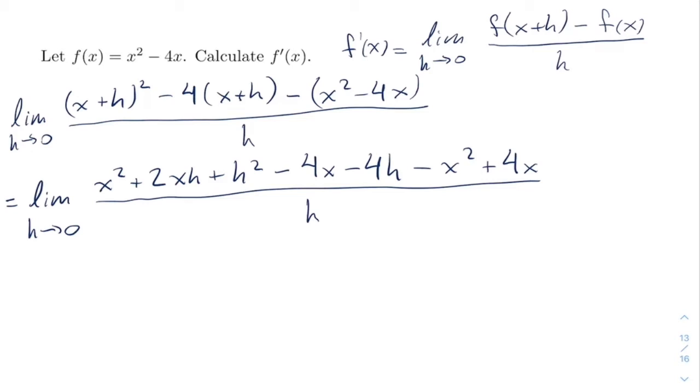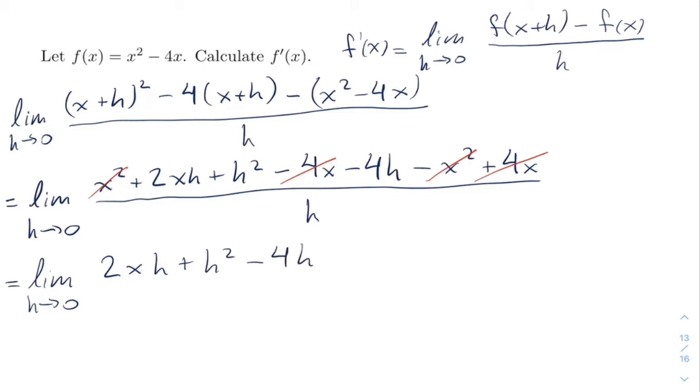I know this looks a bit long, but some things will cancel. For example, we can cancel this x squared with this minus x squared, and even more, we can cancel this minus 4x with this plus 4x. So this is equal to the limit when h goes to 0 of what? We will have 2x times h plus h squared minus 4h, all that divided by h.